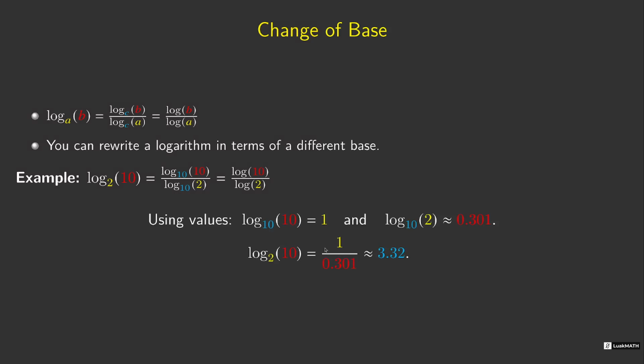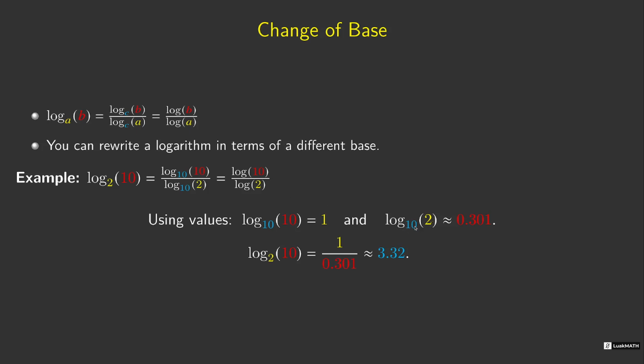Now, this is what I just did. Log of 10 to base 10 equals 1. If you do a change of base like this, it's going to be log of 10 divided by log of 10, so it's going to equal 1.